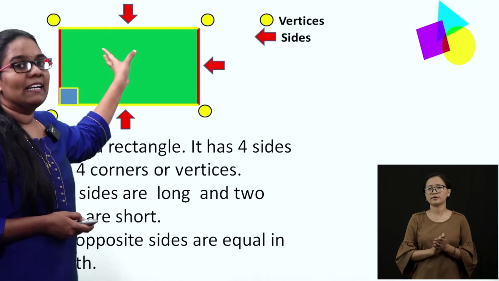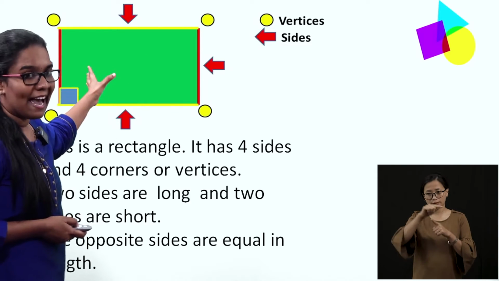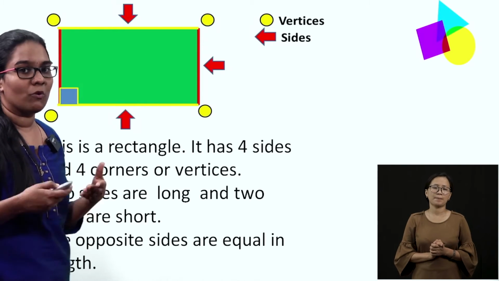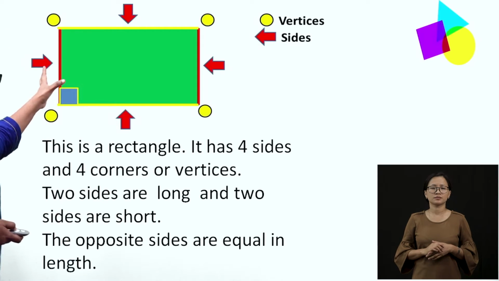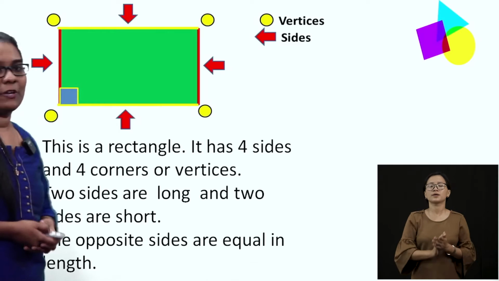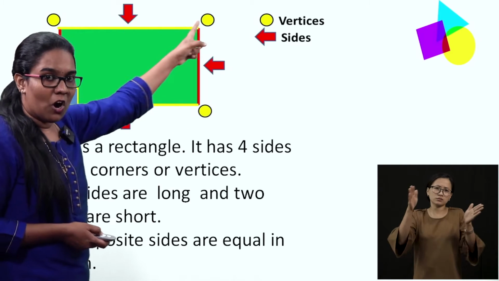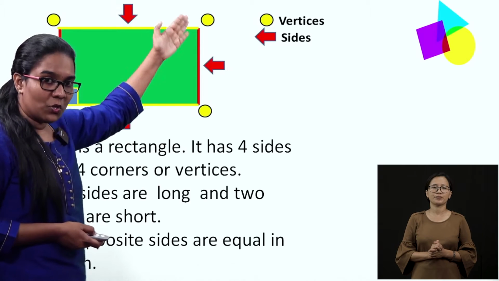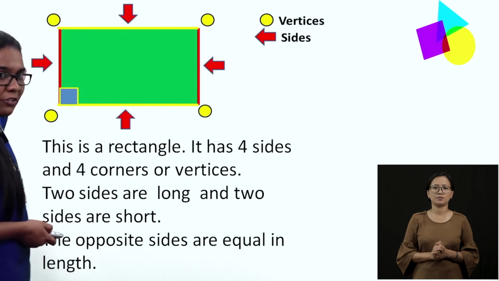So the rectangle has 4 sides and 4 corners or vertices. 2 sides are long and 2 sides are short.